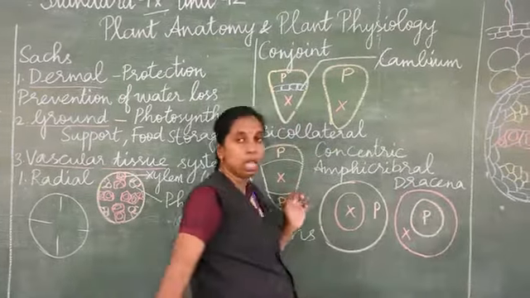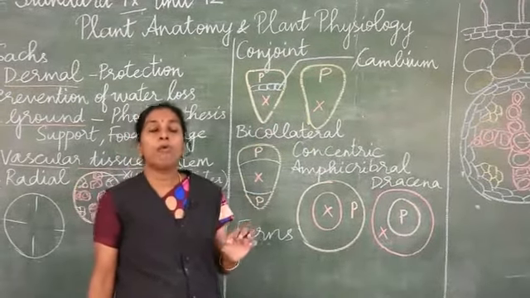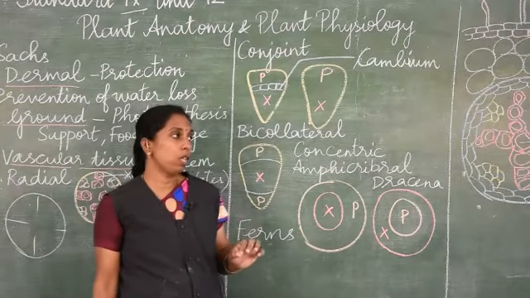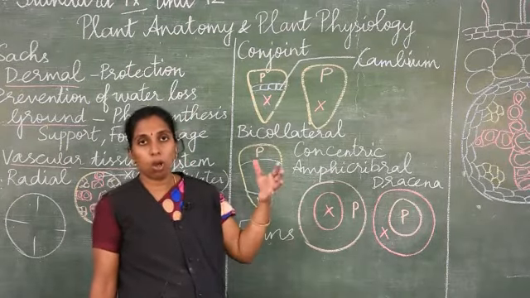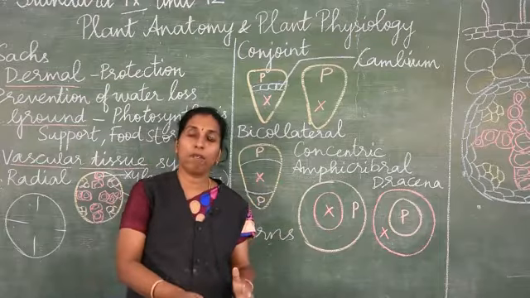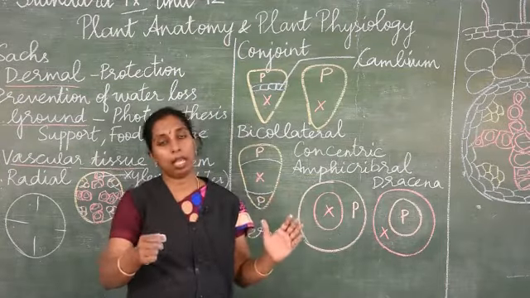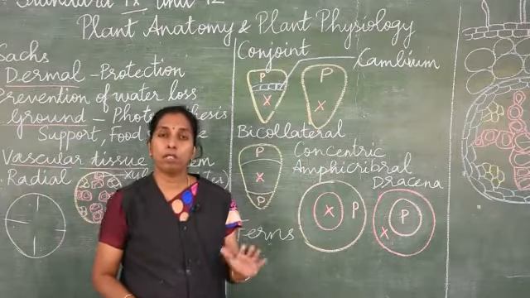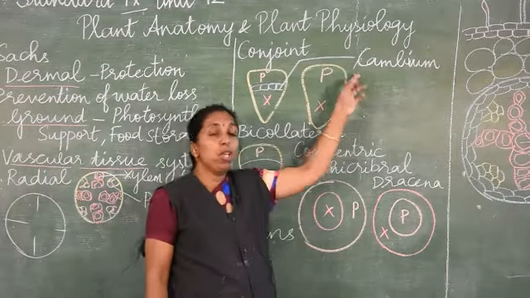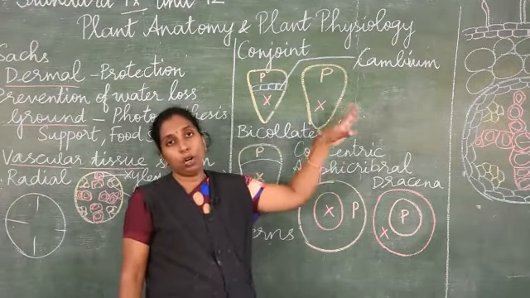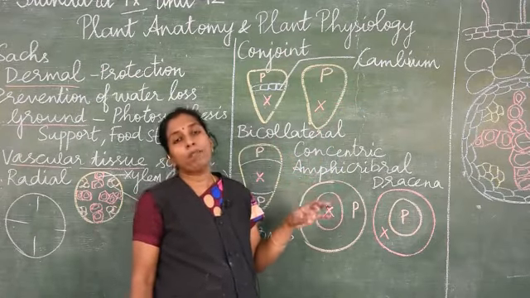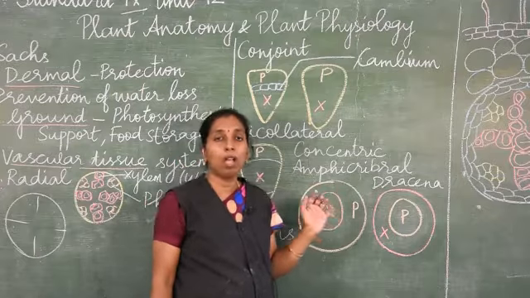Cambium means the cells which help in secondary growth of plants. First plants will grow, and a small plant grows into a big huge tree because of this cambium. That is the secondary growth. Cambium is a group of cells responsible for secondary growth of the plants.